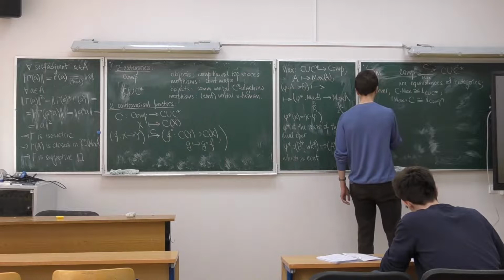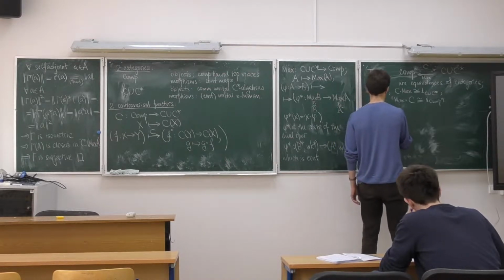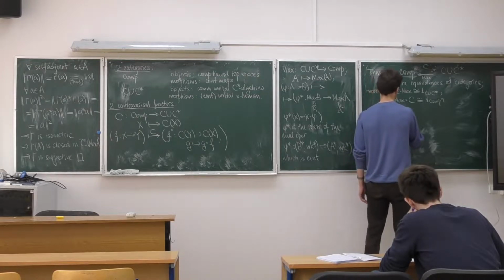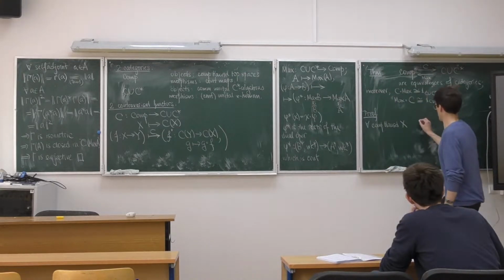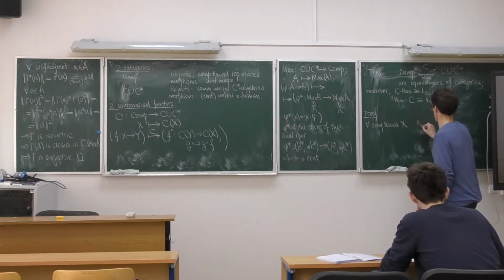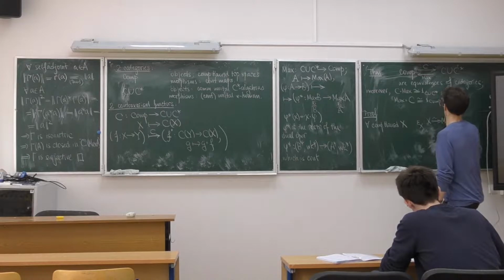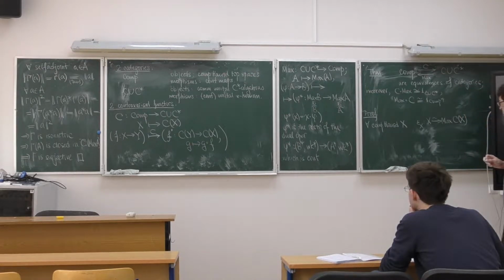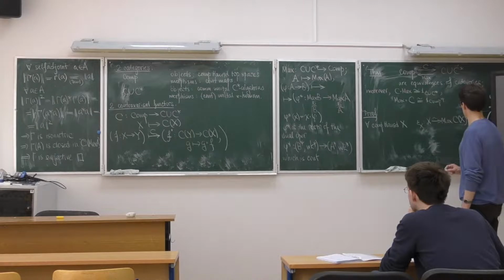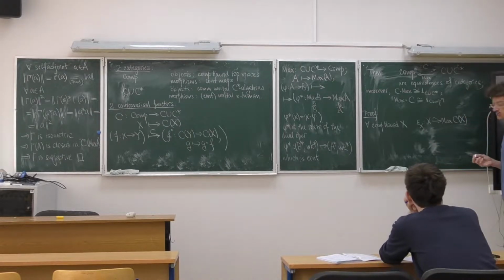If we start with an arbitrary compact Hausdorff topological space X, we know that there is a canonical homeomorphism epsilon x from X to the maximal spectrum of C of X. But in fact, all these homeomorphisms are compatible with each other.